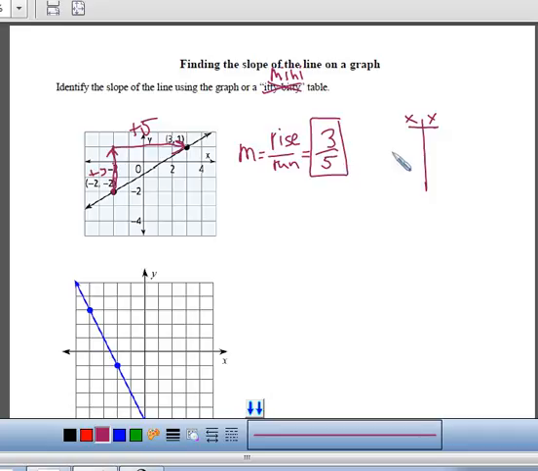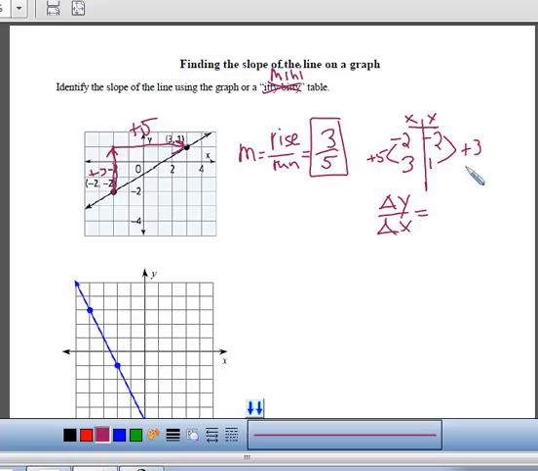If we're going to use a table, get your x and your y, find your point, so the one point is -2, -2, the other point is 3, 1. Find your change in y, so from -2 to 3, change in x. From -2 all the way up to 3 is plus 5. And then from -2 up to 1 is plus 3. So change in y, delta y over delta x.